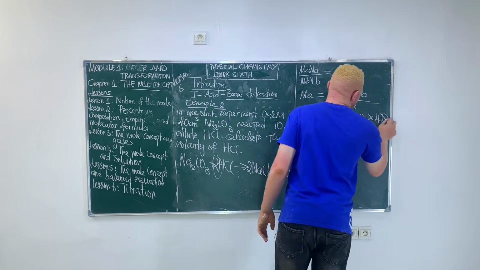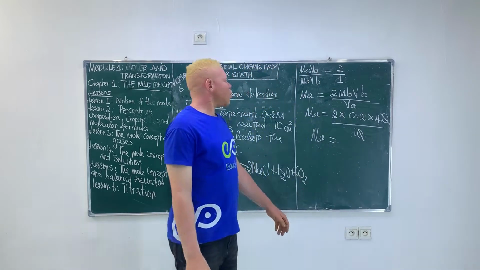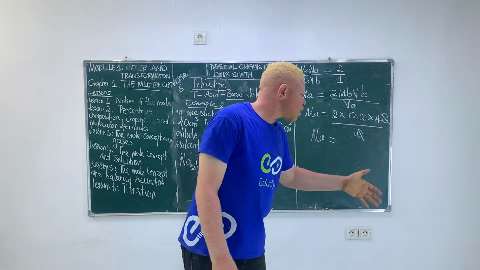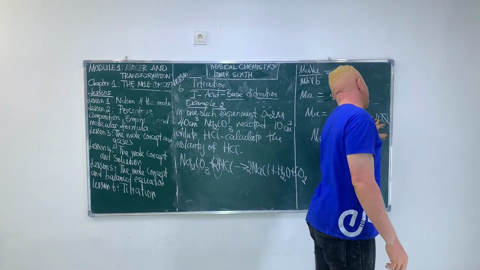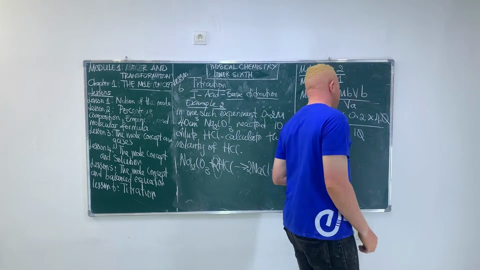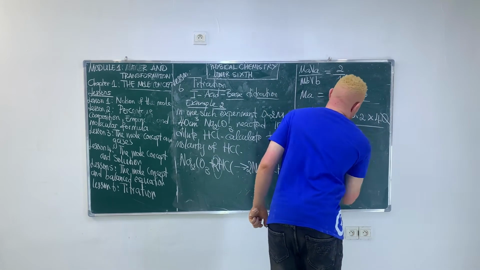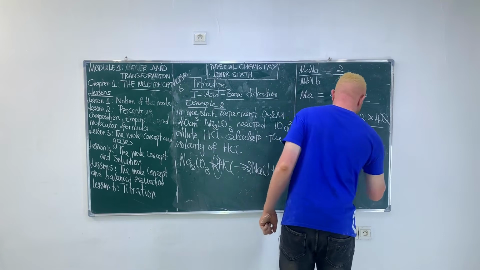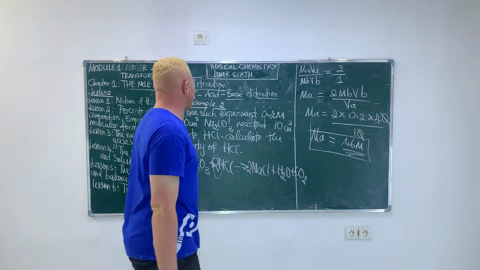In that case, molarity of acid equals 2 times 4 is 8. 8 times 0.2, that is 1.6 molar. That is the acid. So we go to the second part of titration.